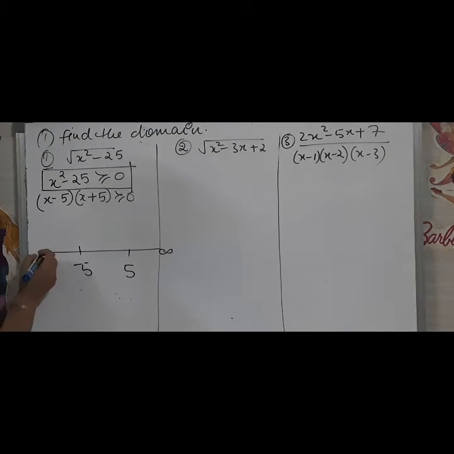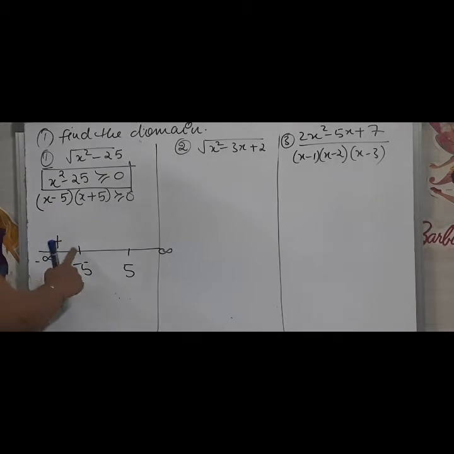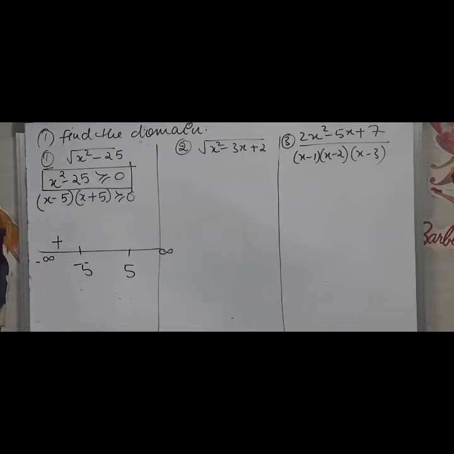Now coming to minus infinity to minus 5. Check it once. Can you take any of the values? Let it be minus 6. Minus 6 minus 5 becomes negative, and here also it becomes negative. So negative times negative means positive. Minus 5 to 5, I will take 0.